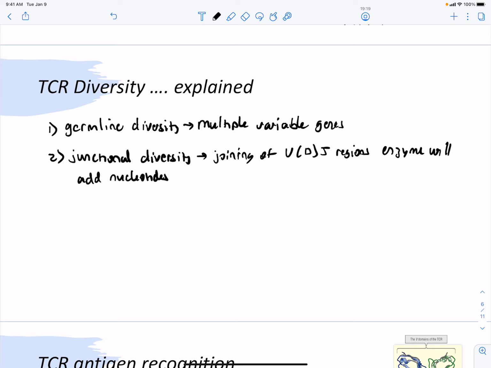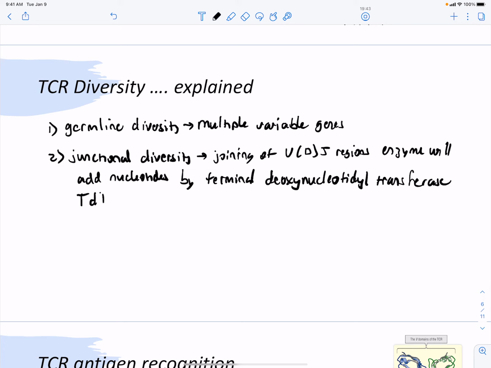And this is done by an enzyme called the terminal deoxynucleotide transferase, also known as TDT.